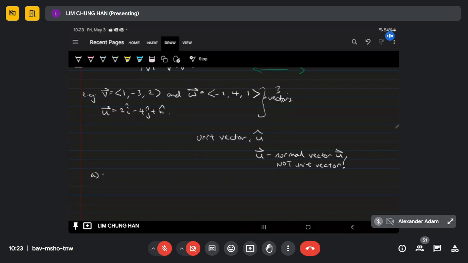So the first one, I want you to do this: V dot W plus U. So you have to do the process in the bracket first, the plus. You have to do W plus U first, and then the answer you dot product with V. So what is vector W plus vector U?